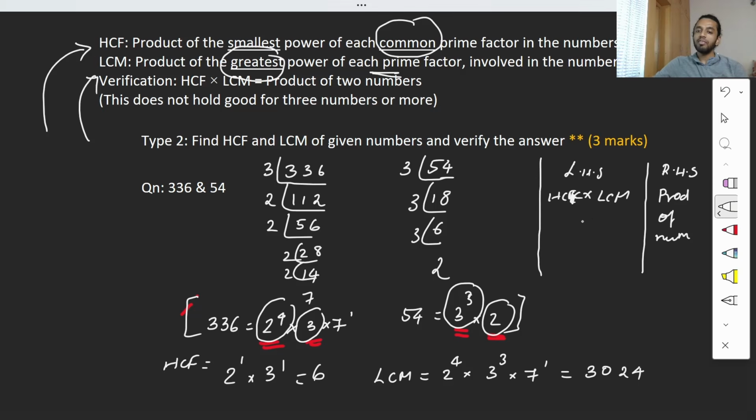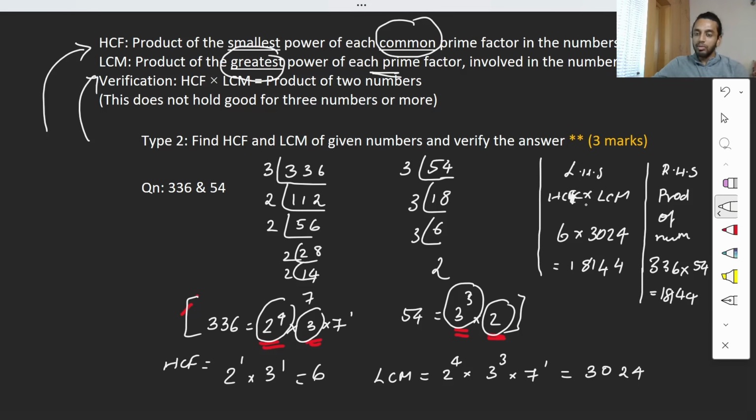The HCF is 6 and the LCM is 3024. When we multiply these two, we get 18144. On the right hand side, the product of the given numbers, 336 times 54, we also get 18144. So this equality says that we have done the problem right.